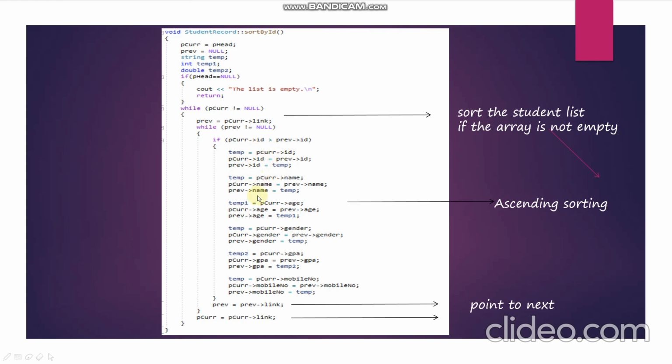The same operation is done for name, age, gender, GPA, and mobile phone. The temp for the age is temp 1 because an integer is inserted. The temp for GPA is temp 2 because a double is inserted. At last, previous equal to previous link, pCurrent equal to pCurrent link means pointing to the next node.